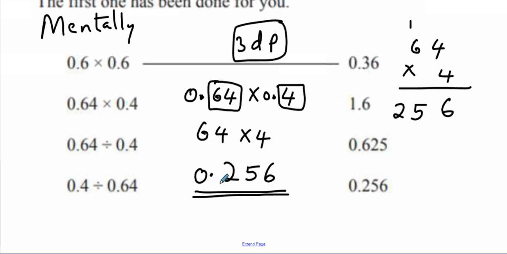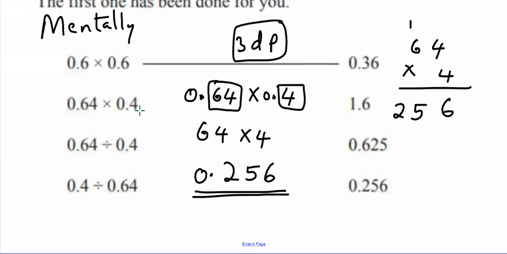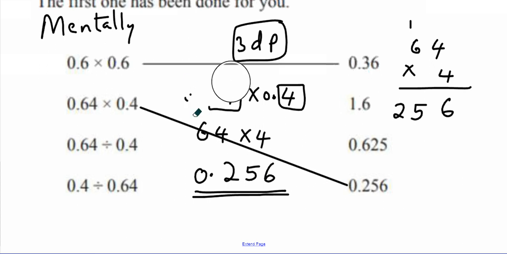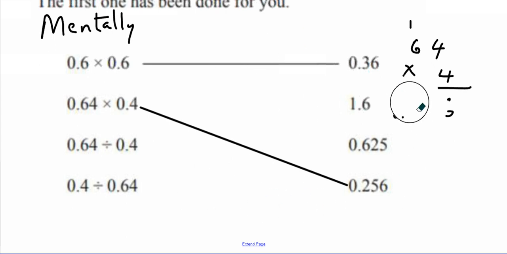Do we have that answer, 0.256? Yes, we do. So 0.64 times 0.4, we got 0.256, and you match like this. That is the calculation for that.